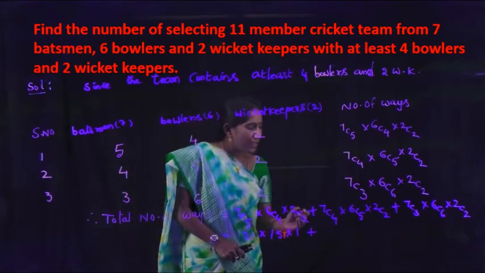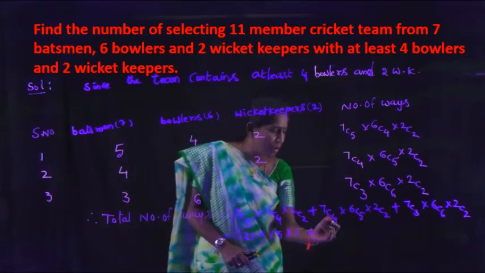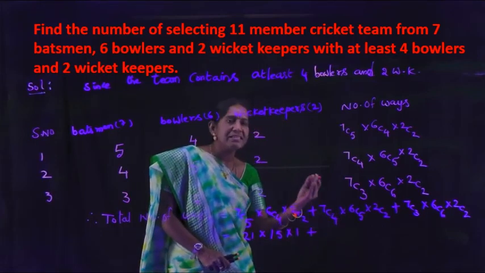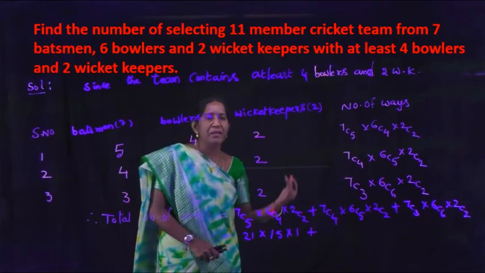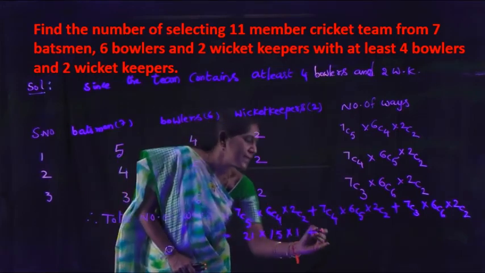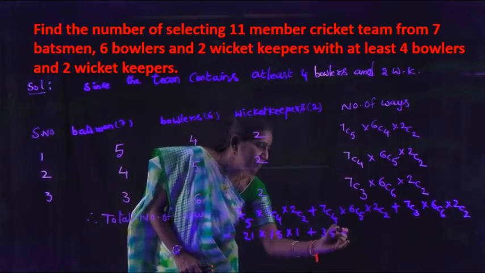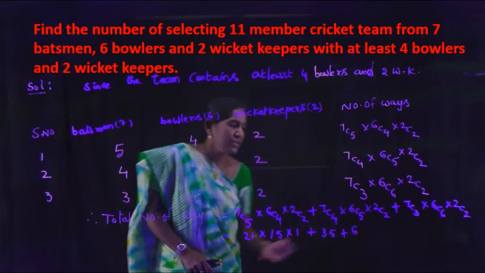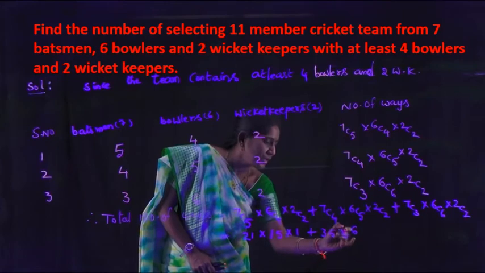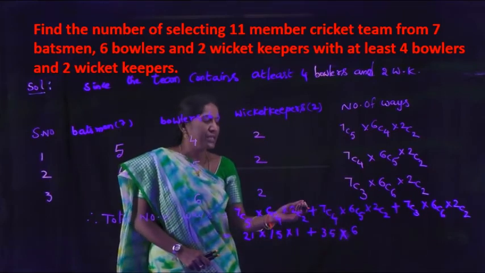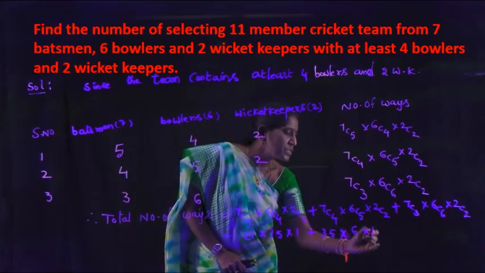Plus value of 7C4 is same as 7C3, that is 7 into 6 into 5 by 3 into 2 into 1, that is 35. Into value of 6C5 is 6, into 2C2 is 1.